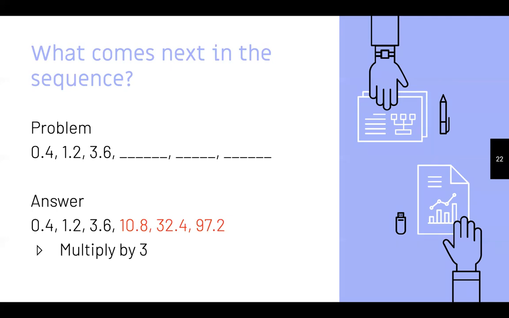So what does that mean? Well, it's not addition, and we know that we're increasing. So your first thought after that should then be multiplication. And that's what it is. To get from 0.4 to 1.2, we multiply by 3, and 1.2 to 3.6, we multiply by 3.